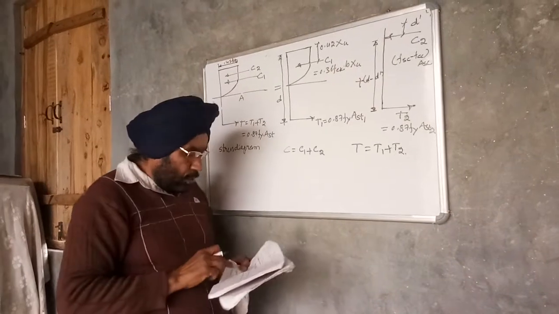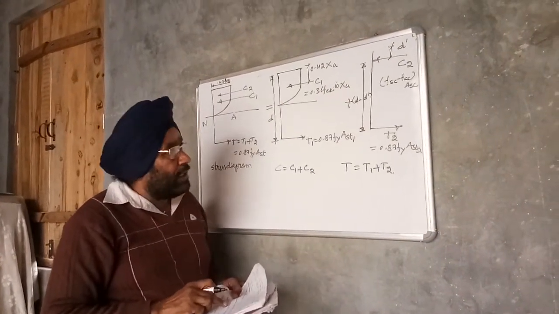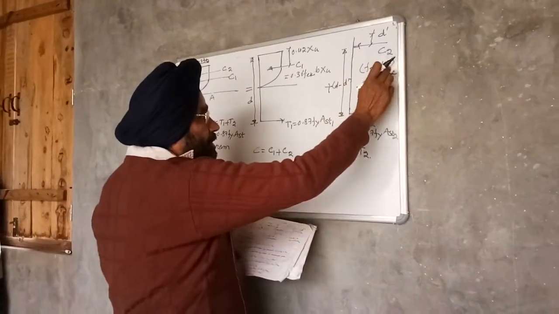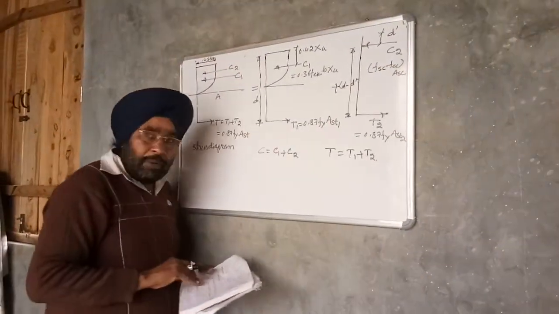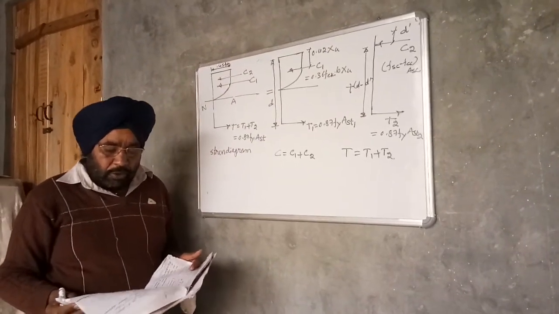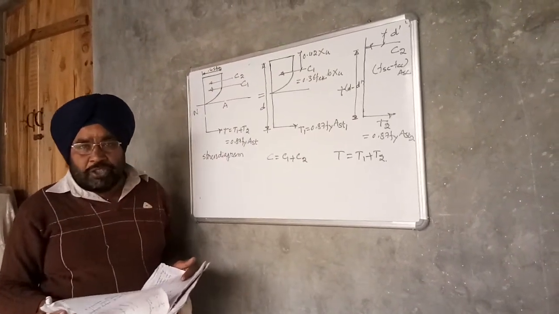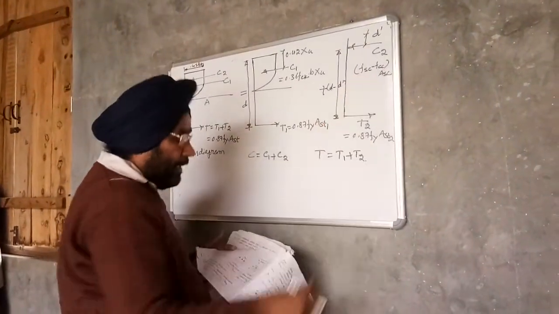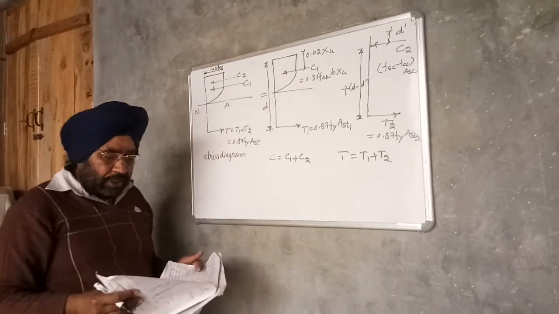and C2 is the compressive force provided by the steel in the compression zone. This is equal to (fsc minus fcc) into Asc, where fsc is the stress in steel in compression, and fcc is the compressive stress in concrete at the level of compression steel.